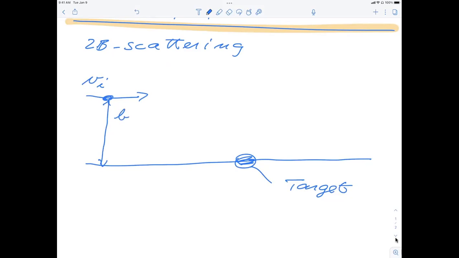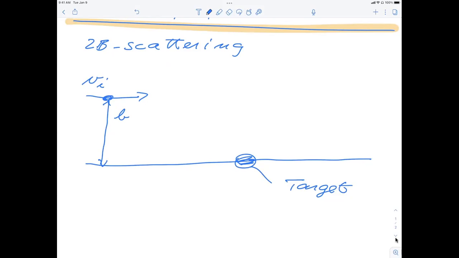So this is called B. This is something which we cannot measure experimentally. But from experimental information, we would like to extract the value of this parameter, because that tells us something about the way the forces between the target and the projectile act and behave.